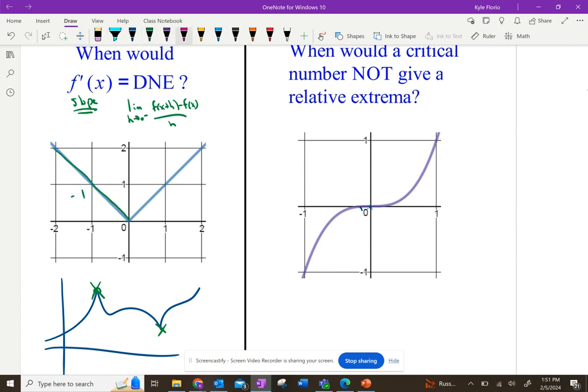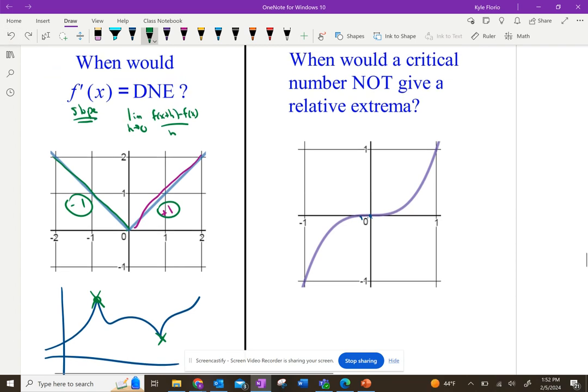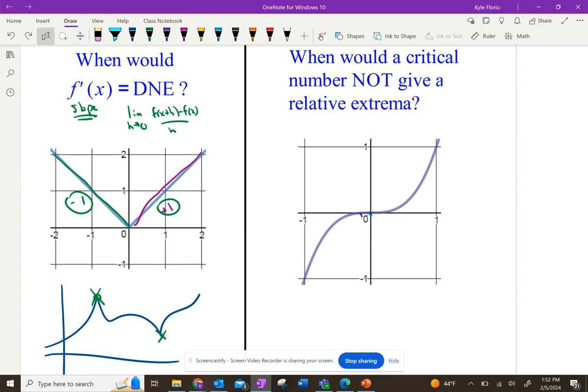If I take the slope from the right side, the slope is positive 1. And in order for a limit to exist, the limit from the left and the limit from the right need to be the same. However, here the limit from the left is negative 1 and the limit from the right is positive 1. So in this case, the limit would not exist, so the slope itself does not exist. Okay, so here's an example of when the derivative does not exist.